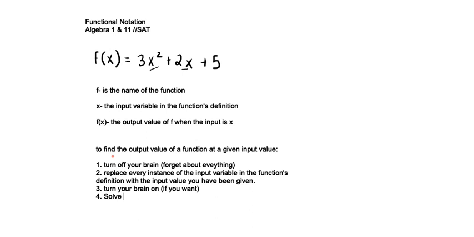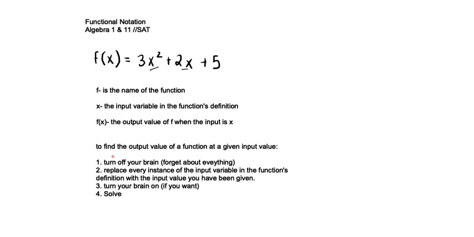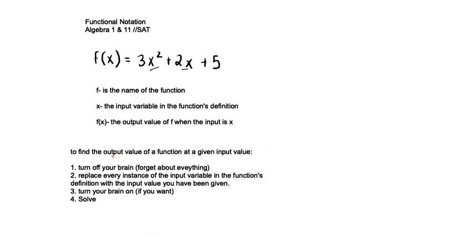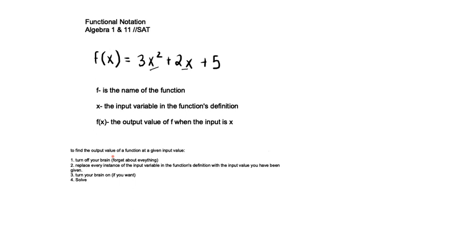Let's try to understand what's going on. We're first of all not worrying about anything. We're replacing every instance of the input variable with the given input, and then we're solving it. Simple. Let me shorten this down and put it in the corner so we can look at a nice example.